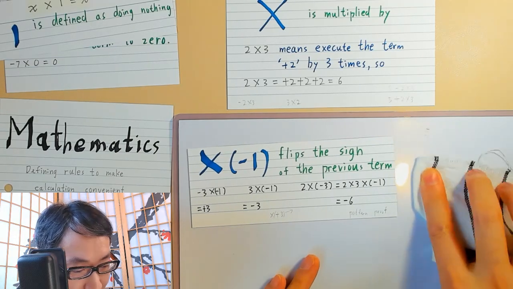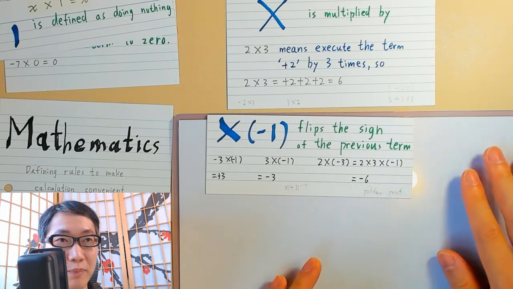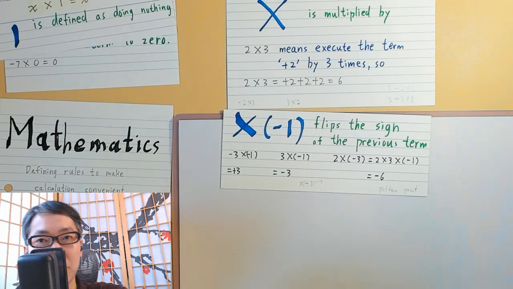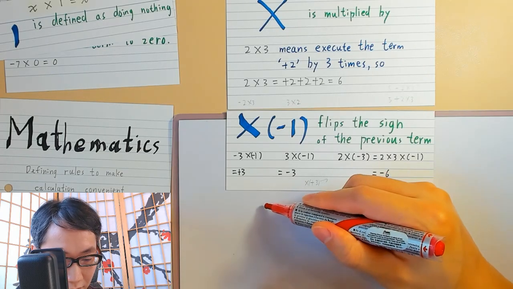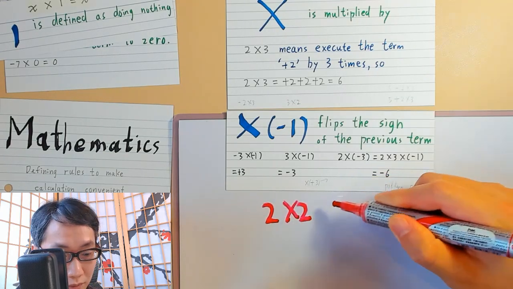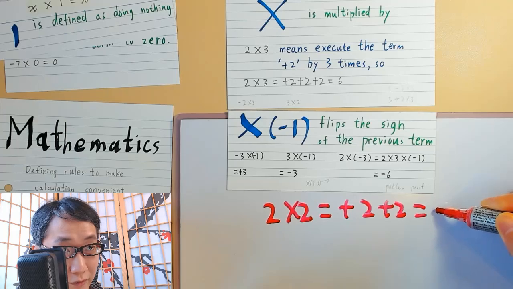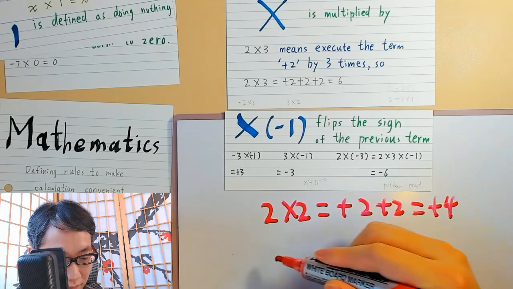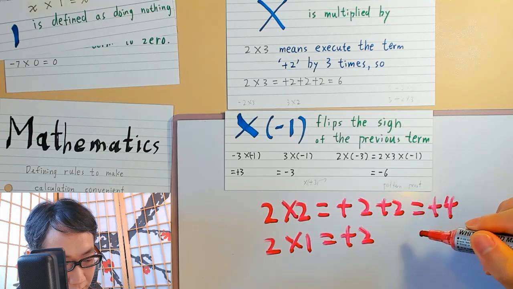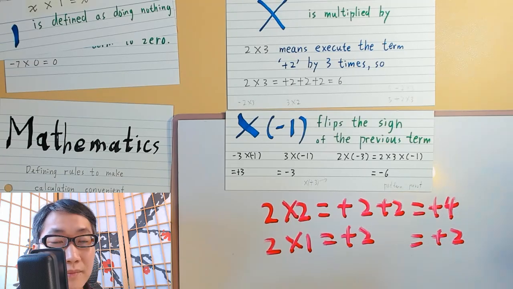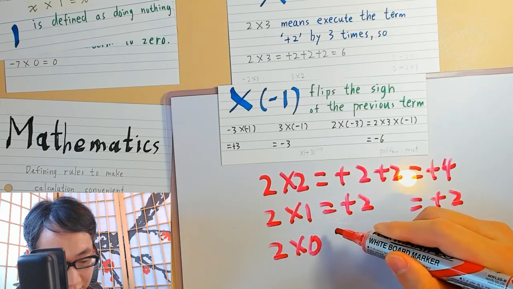Another way to see why multiplied by -1 is defined like this is to look at the pattern. It's called pattern proof. Let's say 2 times 2 is +2, +2, so we have +4. +2 times 1, then we have +2. Then the next one will be times 0, in this pattern.